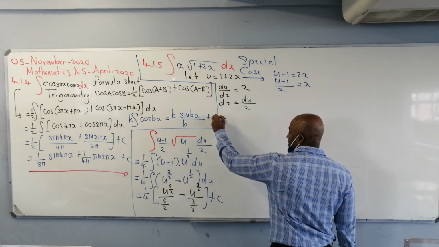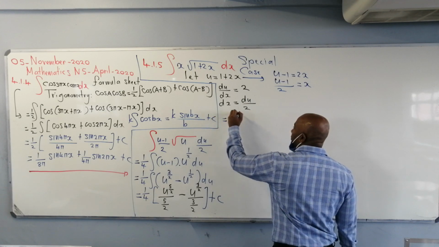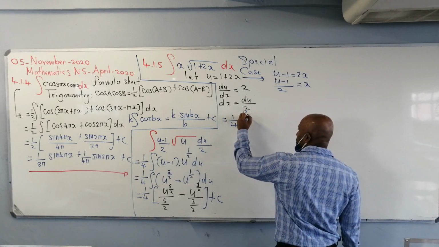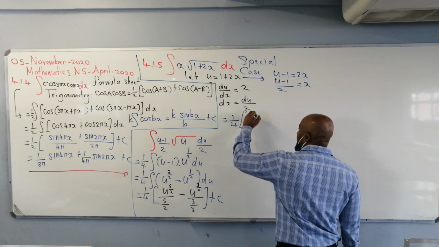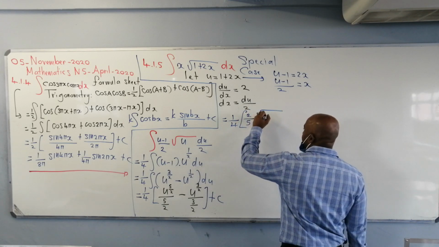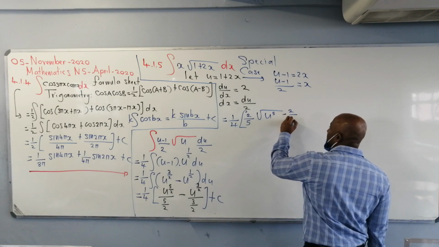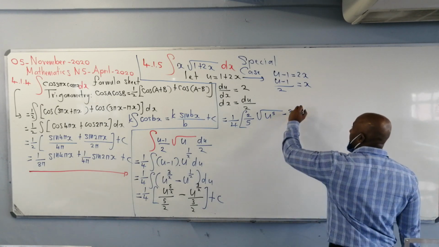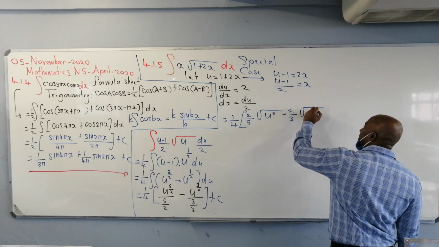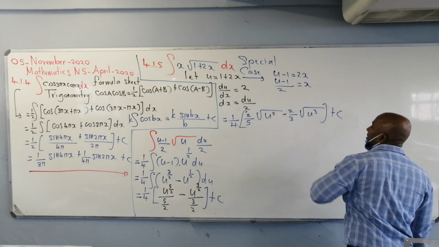So therefore this is equal to 1 over 4, and that becomes 2 over 5, the square root of u to the power 5, minus 2 over 3, and we have the square root of u cubed, plus c.